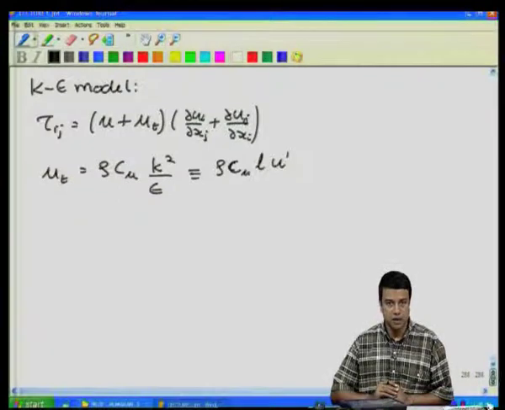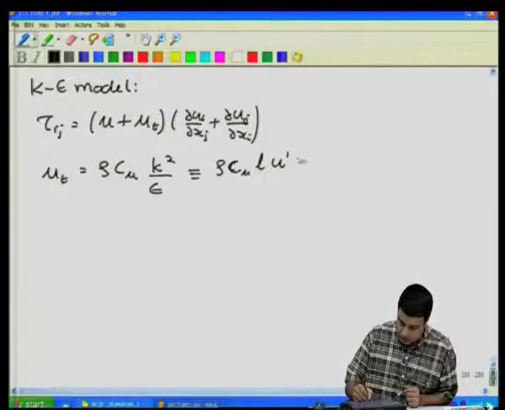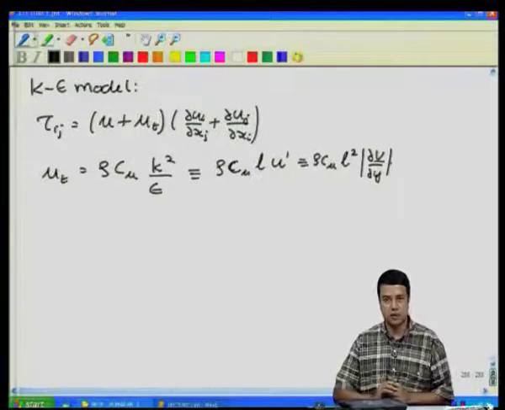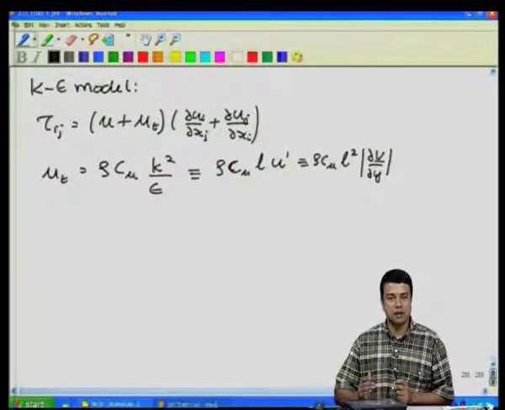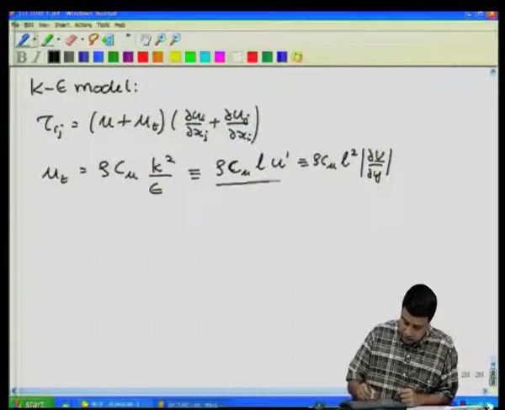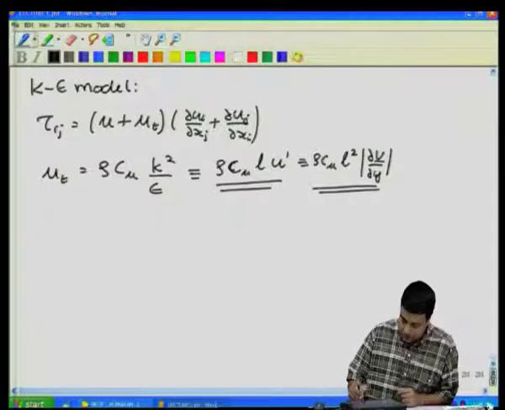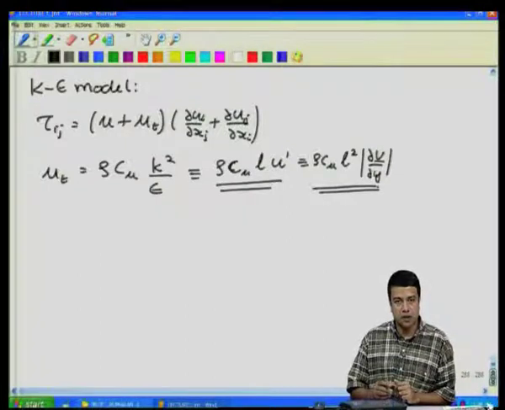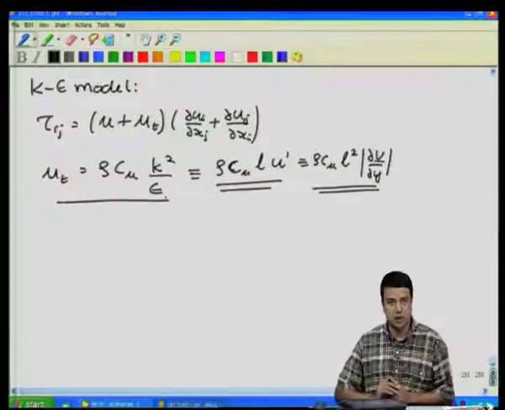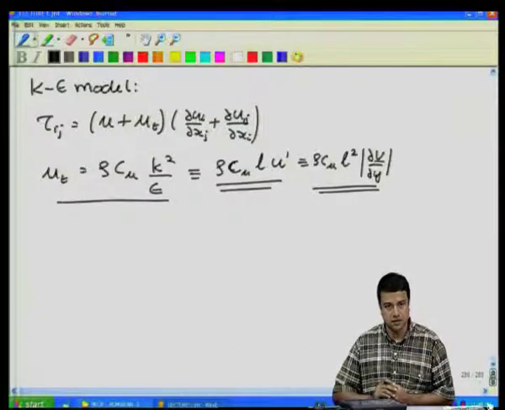And this velocity of fluctuations is often written as rho c mu times L square times the local gradient. The length scale times the local gradient gives you a velocity. So these are what are called the mixing length models. Whereas, if you write in terms of the kinetic energy and the rate of dissipation of energy, it turns out to be the K epsilon model expression for the kinematic viscosity.